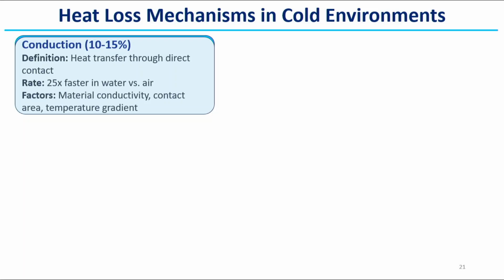Through conduction, a lower amount of heat gets transmitted from the human body, typically 10 to 15%, through direct contact with a material. If the material is wet, that means water is penetrating, so the heat conduction rate is much higher.